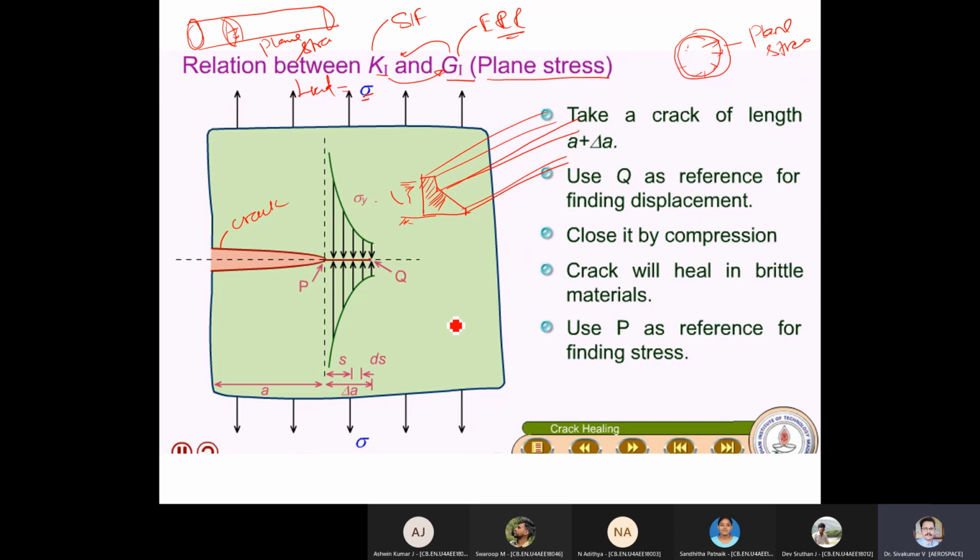If I cut one strip from this, a very thin, small unit strip, and analyze it, because this analysis holds good for the entire length of the cross section, I can apply whatever load I have on that one strip. Then this is plane strain.